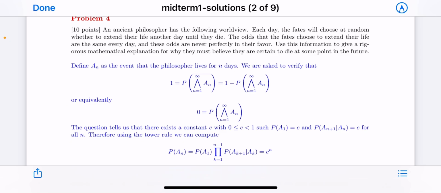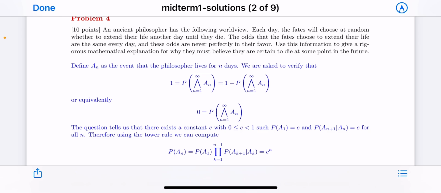And so how are we going to compute the probability of these events A_n? Well, the question tells us that there's some constant c which is strictly less than 1, such that on the first day, the probability of living is c, and on each subsequent day, the probability of living given life on the previous day is exactly the same constant.